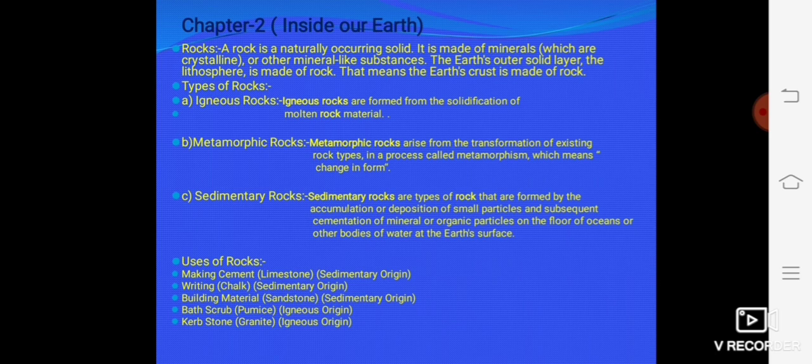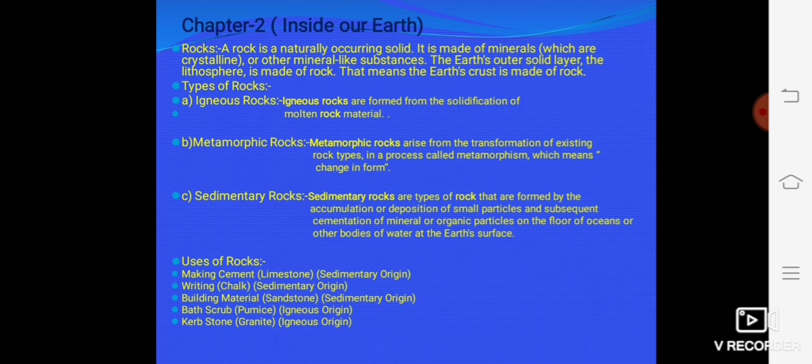And at last, sedimentary rocks. Sedimentary rocks are formed at the Earth's surface by the accumulation and cementation of fragments of earlier rocks, minerals and organisms, or as chemical precipitates or organic growth in water, which is called sedimentation.